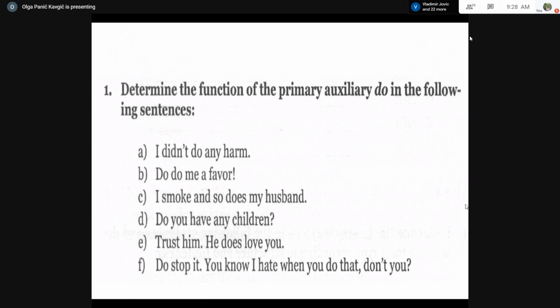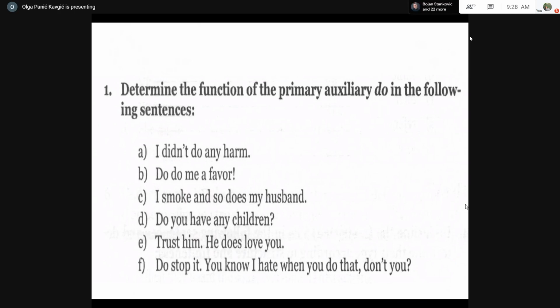So just very briefly, it's negative transformation, interrogative transformation, and then emphasis, question tags, and avoiding the repetition of the whole predication. So these are the 5 basic functions of the operator. In this exercise, you have to find the auxiliary do. So be careful. In some cases, do is the main or lexical verb.